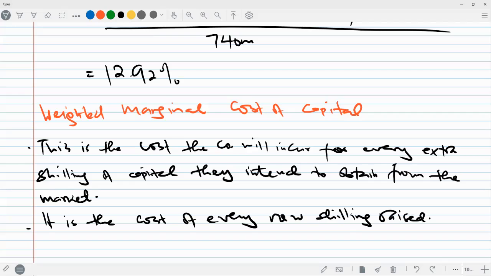That's called the marginal cost of capital: the cost of every new shilling the company is going to obtain from the market, from debt, from present shareholders. That's referred to as the marginal cost of capital. Clear?